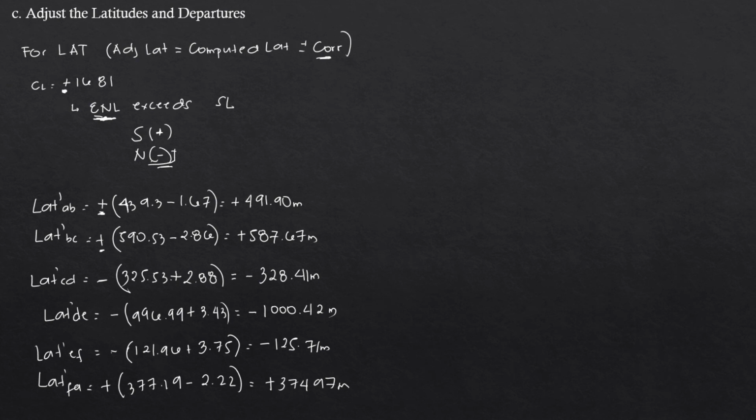Okay, so paki-add nga itong summation ng corrected latitude. Dapat mag-equal siya sa 0. Okay, so paki-compute. Okay, so tama. Nag-equal siya sa 0. So, ibig sabihin, tama na itong nakuha natin na corrected latitude.